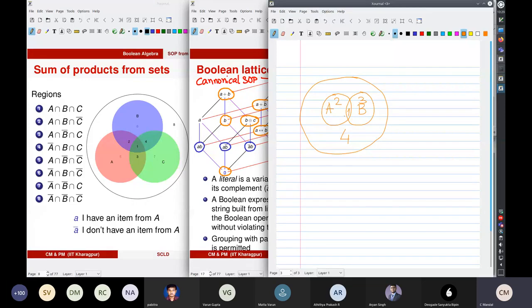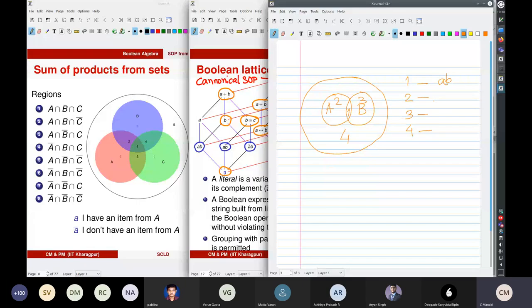Can you write down the min terms for these 4 regions? I think that is the most interesting exercise. What is the min term for 1? AB. Okay, good, let us write AB.